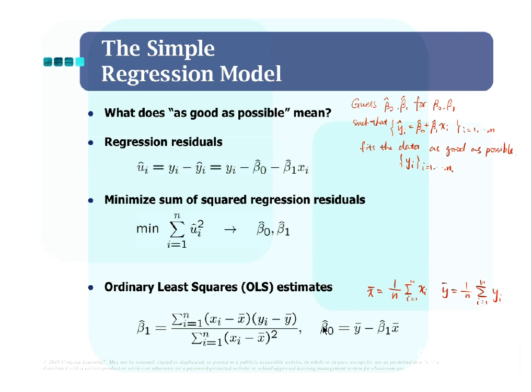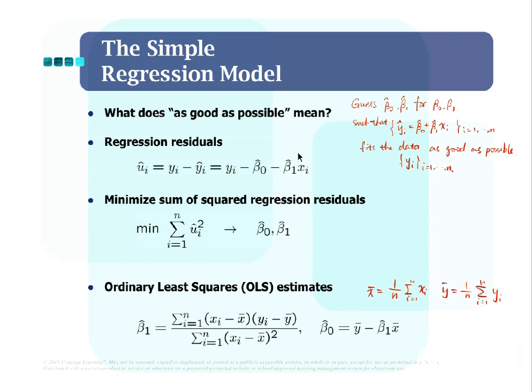The idea is basically to minimize the residual squared, and how this residual is constructed. It's constructed from y minus beta 0 hat minus beta 1 hat times x. So far we don't know beta 0 hat and beta 1 hat, so this u is a function of beta 0 hat and beta 1 hat.